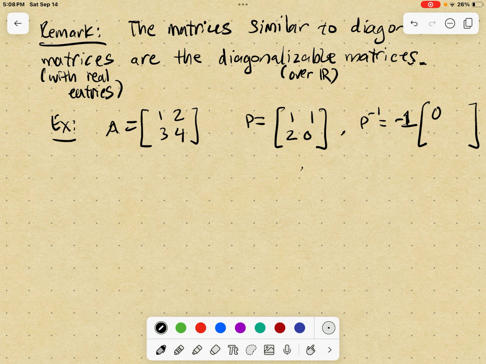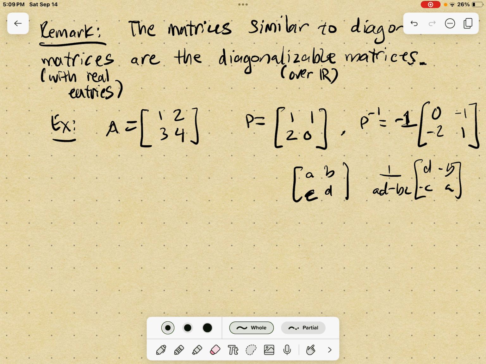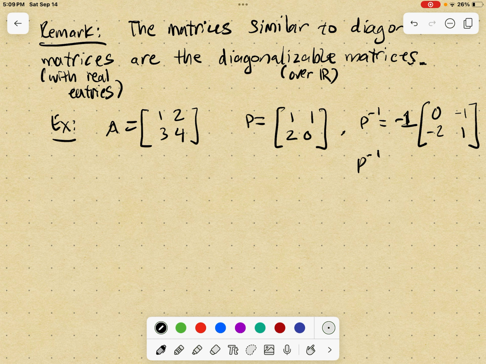Isn't that right? If you have A, B, C, D, then the inverse is 1 over AD minus BC times D, -B, -C, A. Isn't that the correct formula? Yep. So you have a 0 here, and then -2 here, and then -1 here, and then 1 here. So P inverse is 0, 1, 2, -1.